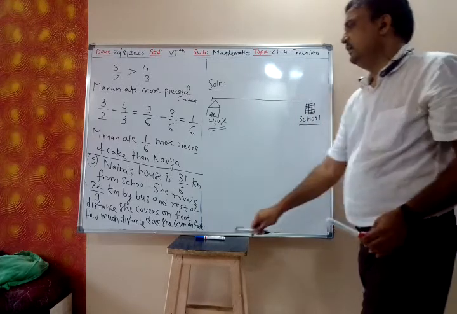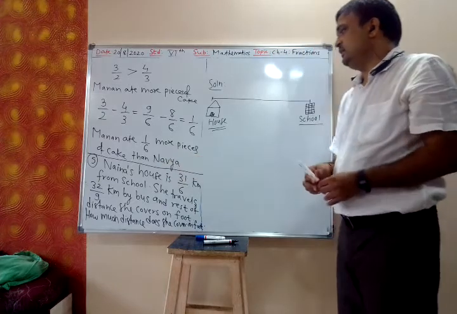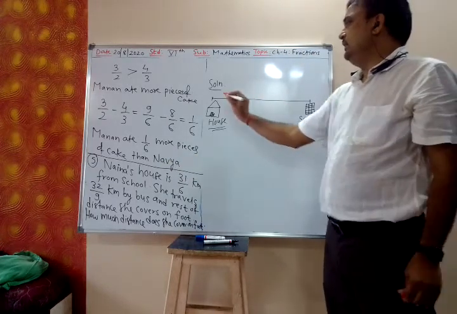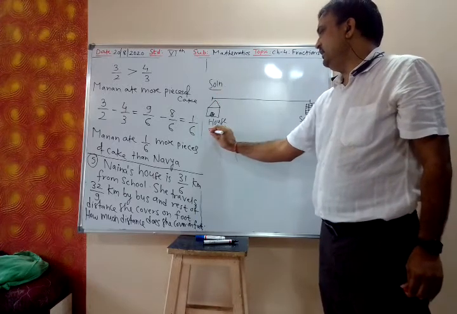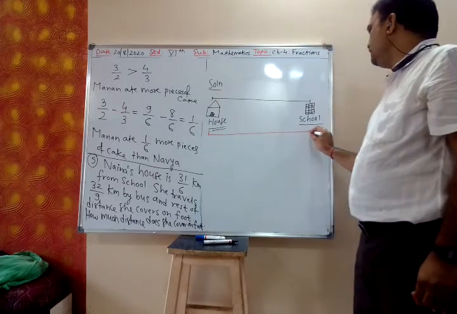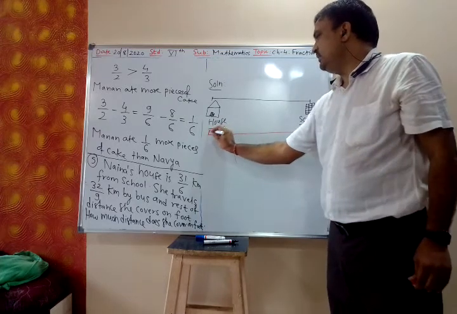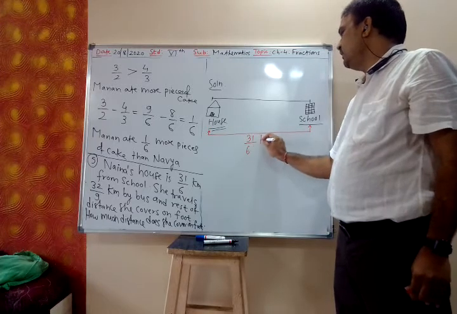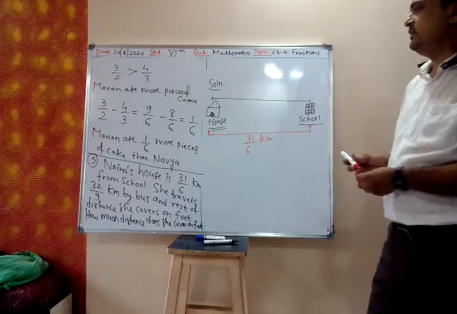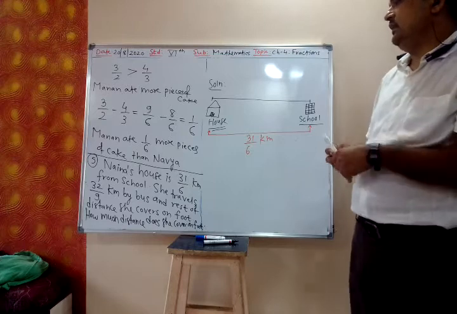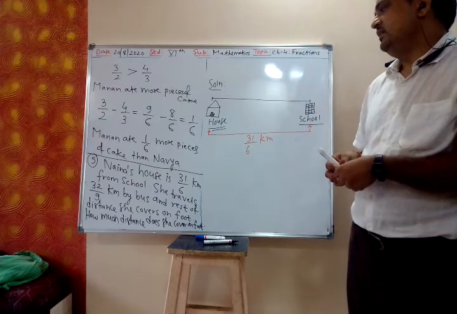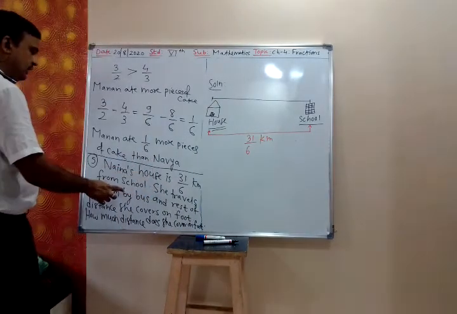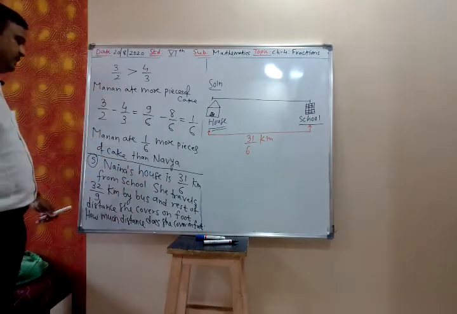Naina's house is 31/6 kilometer from school. The distance between house and school is given. How much is that distance? 31/6 kilometer.